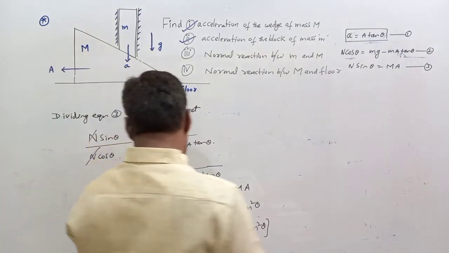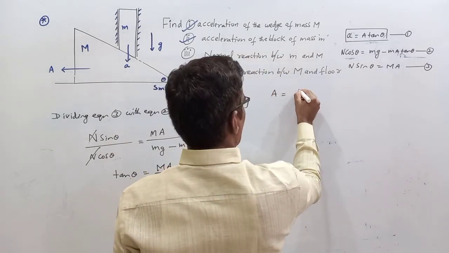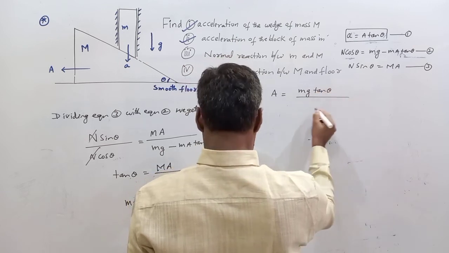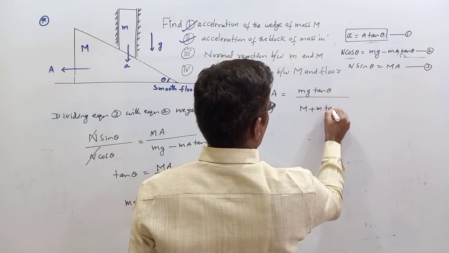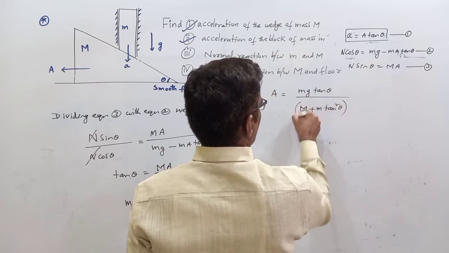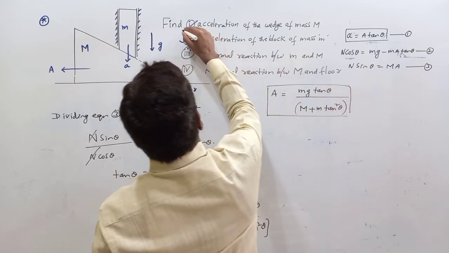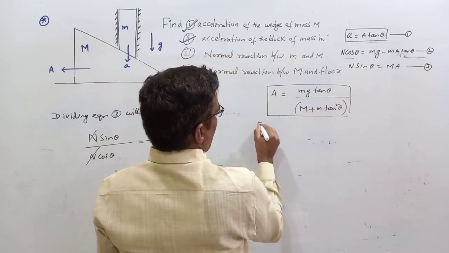Then capital A is equal to mg tan theta divided by (capital M plus small m tan square theta). This is the acceleration of the wedge. First one is over. Then the second one.